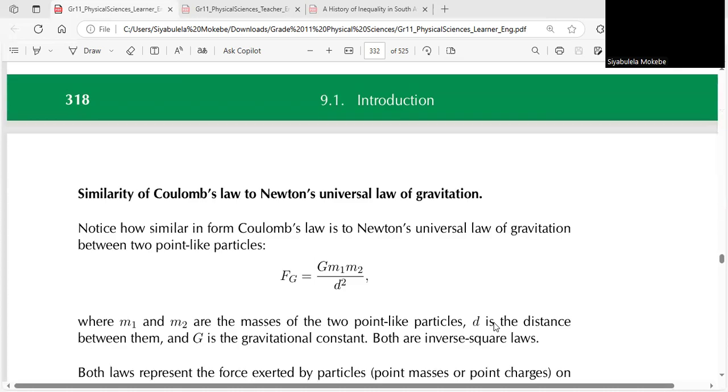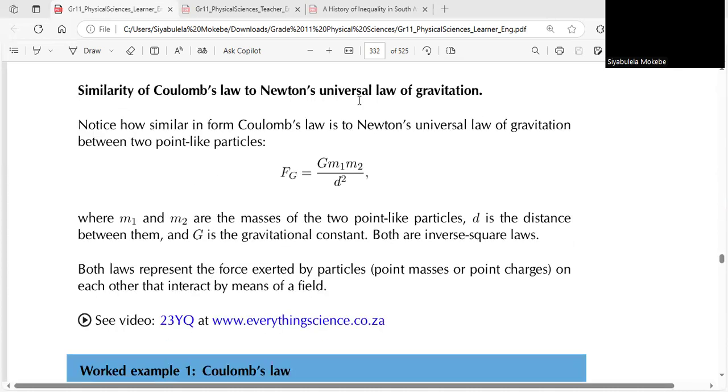Now, similarity of Coulomb's law to Newton's universal law of gravitation, right? You'll see that between those two formulas, there are some similarities. Notice how similar in form Coulomb's law is to Newton's law of gravitation between 2 point-like particles.